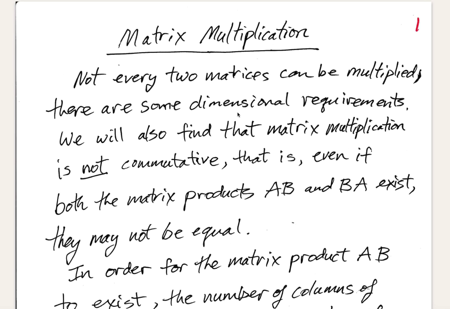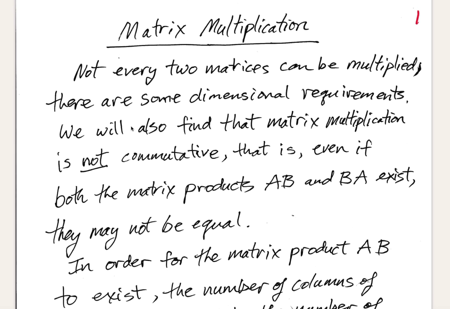Okay. Now another thing that we're going to have to be aware of is that matrix multiplication is not commutative. That means even if both the matrix products AB and BA exist, and we'll see conditions under which that is true, they still may not be equal.